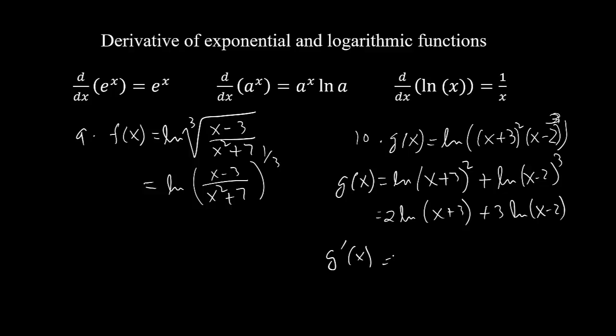Now when you take the derivative, that gives you 2, and then this one will be 1 over x plus 3 plus 3 times 1 over x minus 2.